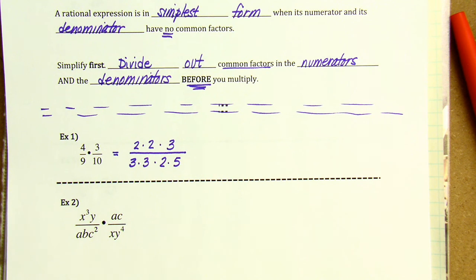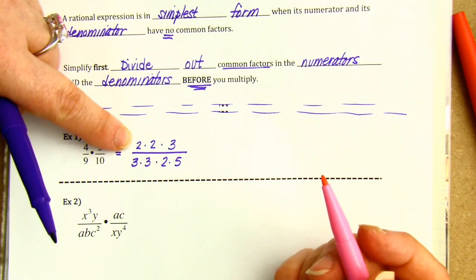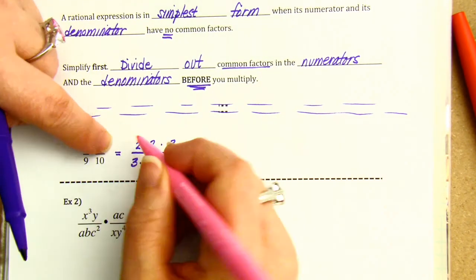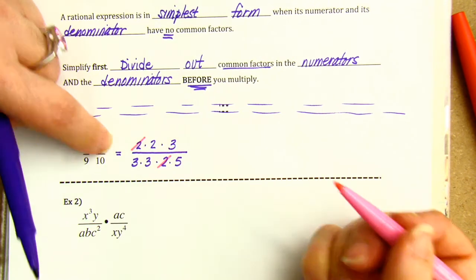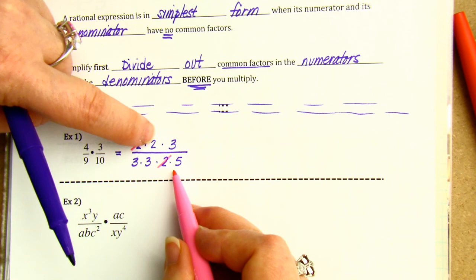So you're looking for numerator and denominator pairs, right? Like shoes, a left shoe and a right shoe, except this is going to be upstairs and downstairs. All right, so I look and I say, do I have a 2 in the bottom that I can kick out? Yes, that one there. Do I have another 2 in the bottom that I can kick out? No, it has to stay.